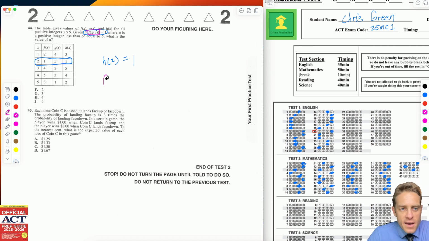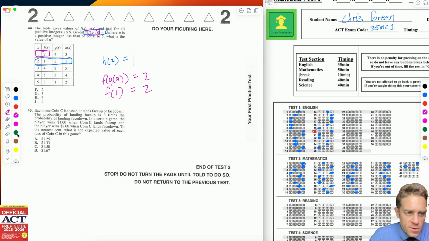So now you're saying that f of g of a is 2. Okay, so f of something is 2. What is the something? Well, that's determined by this, right? That's saying f of 1 equals 2. So 1 is this, right?